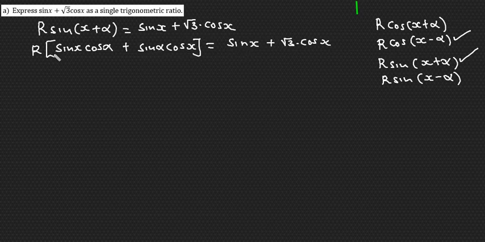So here we equate the coefficients. The coefficient of sin x on the right hand side is 1, whereas on the left we have r cos alpha.